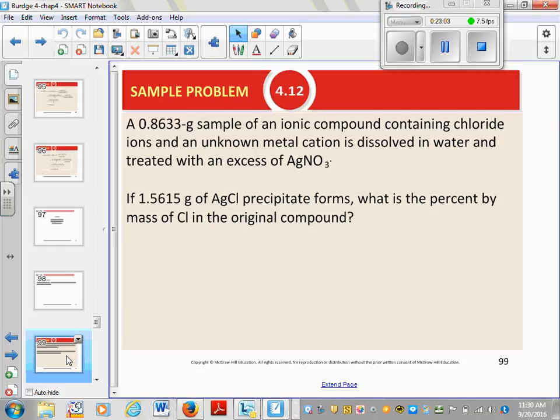Now I go back over here. 0.3862, that was the chlorine. The weight of the sample is 0.8633. The percent chlorine now is 44 what? 44.73.